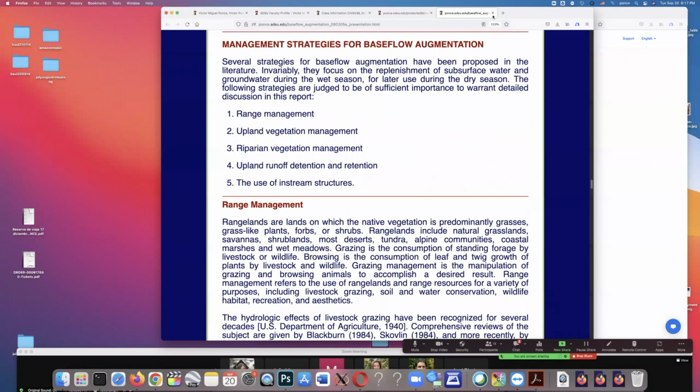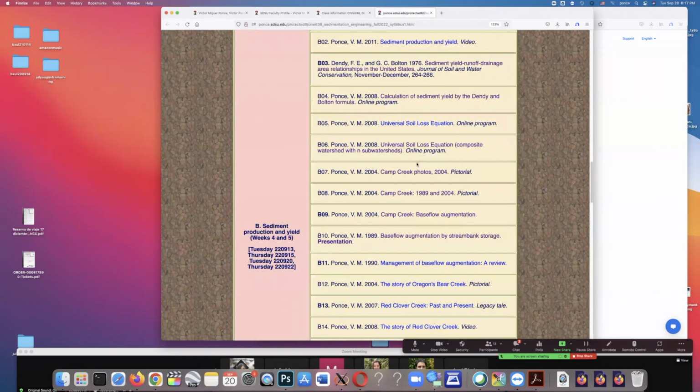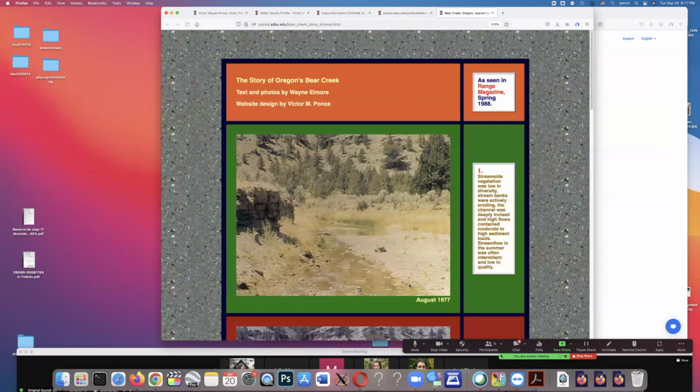Okay, so those are the four successful projects of baseflow augmentation that we documented in the year 1989, 1990. Now, I have for you here the story of Oregon's Bear Creek. It's a pictorial written by Wayne Elmore, text and photos. Wayne Elmore, at the time my colleague, was working out of the Bureau of Land Management at Prineville, Oregon.